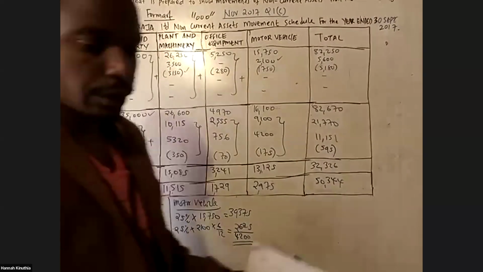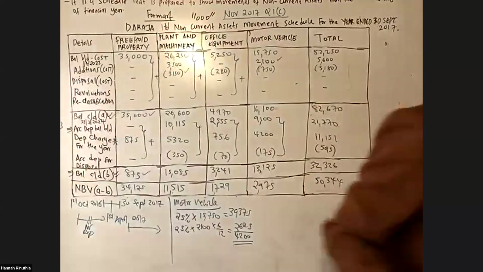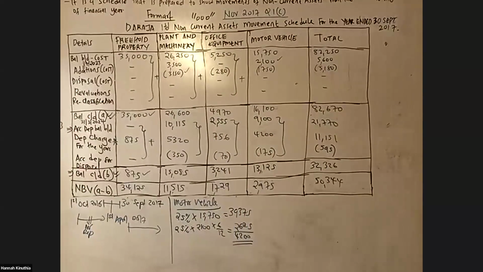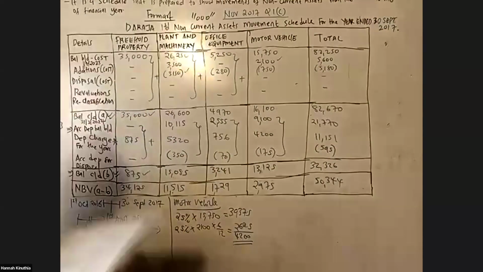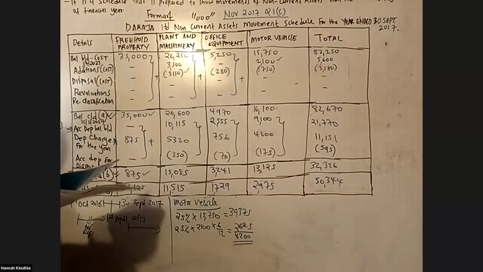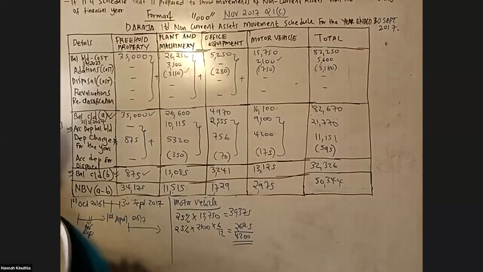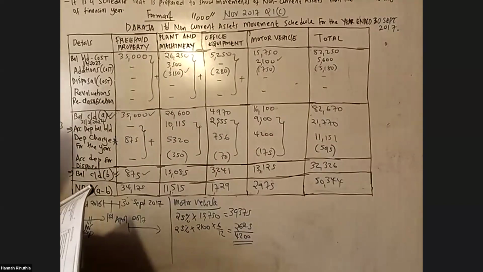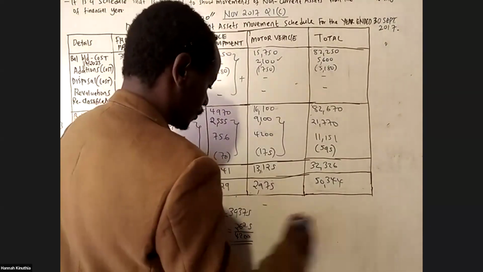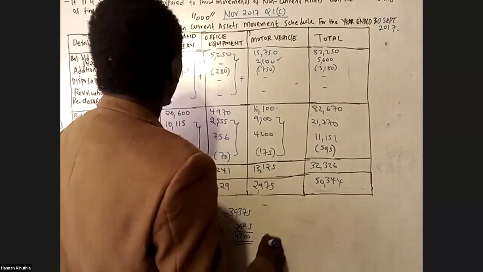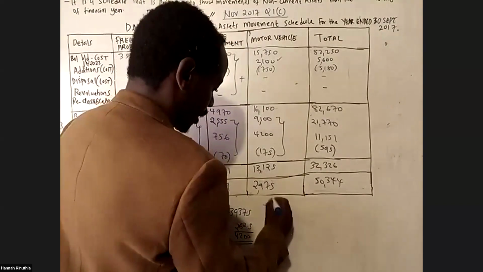So when we meet the next class, this is what we shall come and do. We have a long way to go so that we can finish the PPE. We shall do number one, asset account.